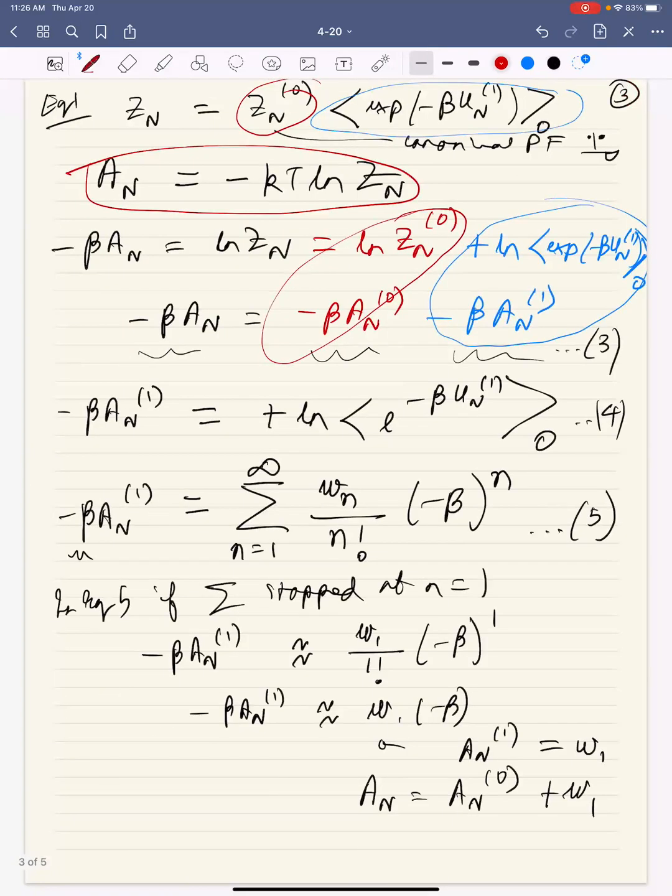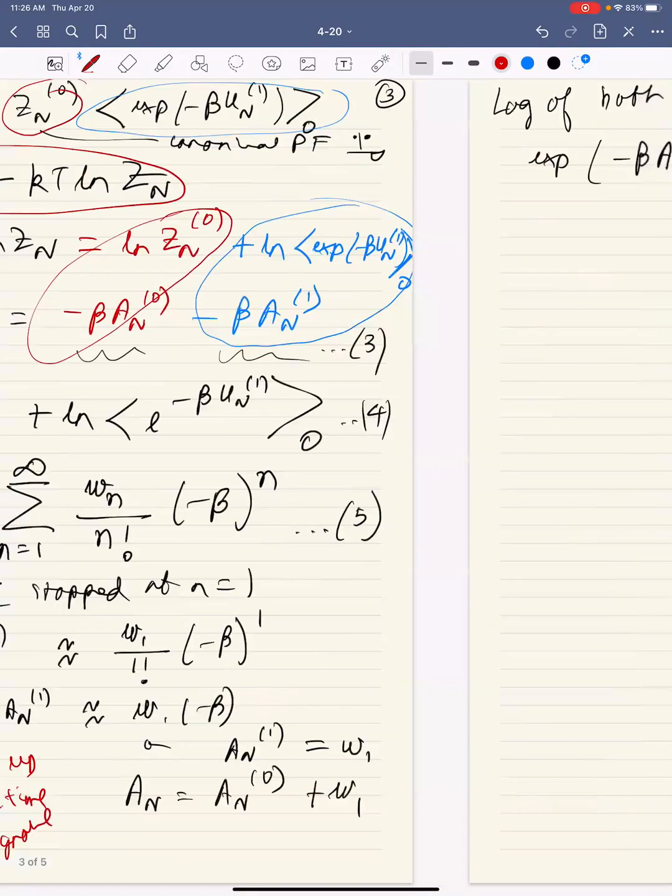I won't keep it. This n just shows up everywhere, right? We are not doing a grand canonical ensemble, so there is no point in me specifying n particles all the time. Therefore, ignore this n. So I will not write this n. Okay, that's the idea. exp of minus beta A1.